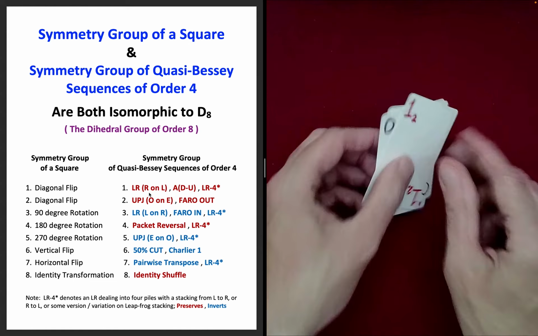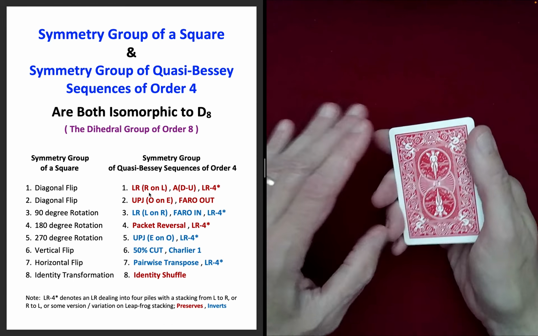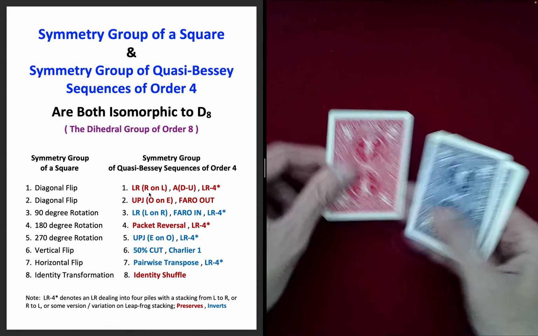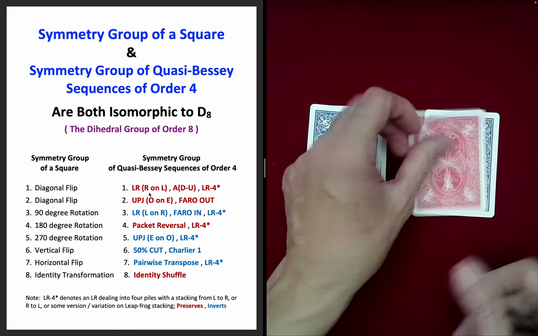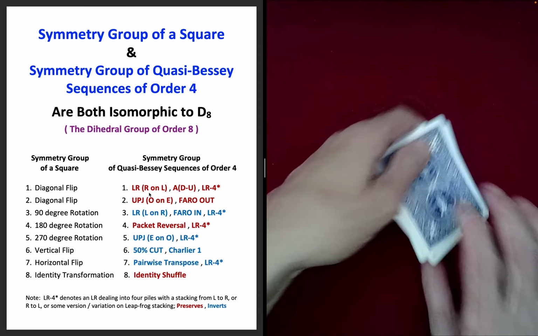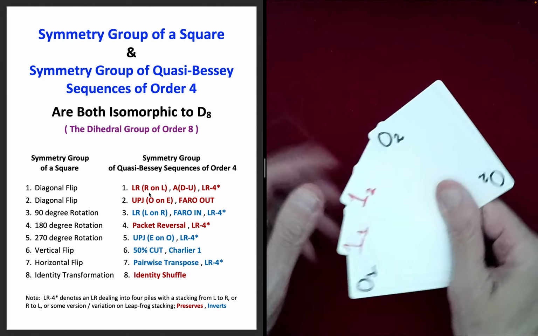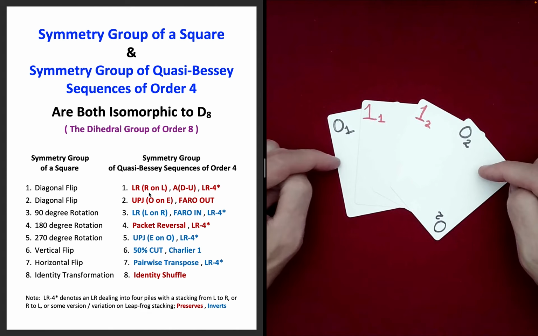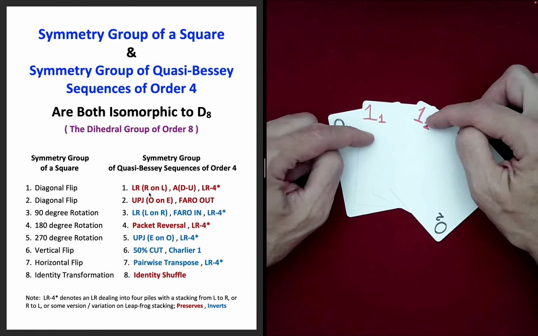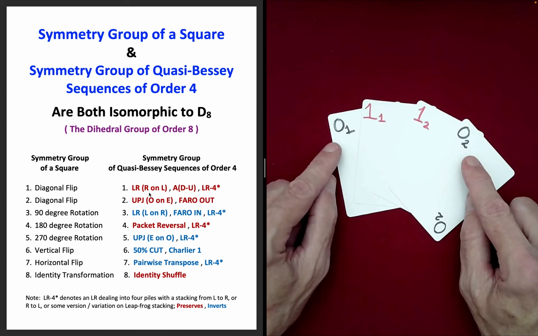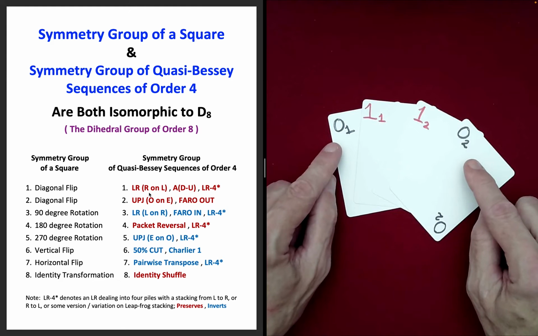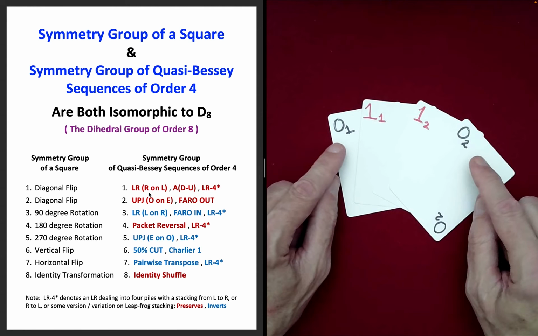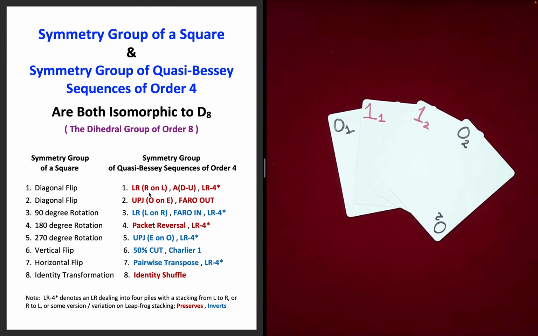As we go through and mix this, maybe we can do a pairwise transpose like this, stack left on right. We can see that not only have the zeros and ones moved around, so we now have zeros on the outside, ones in the middle, but we can see what has happened to the particular zeros and the particular ones. Have they preserved their relative ordering, or have they been switched in some way?